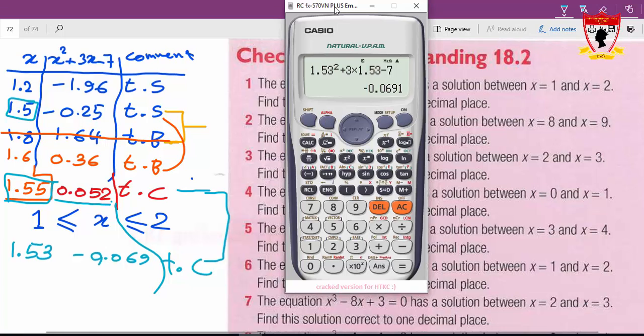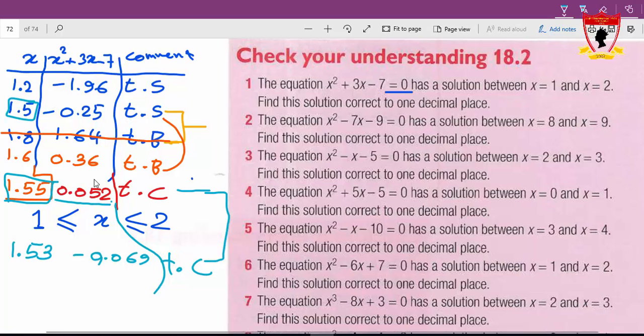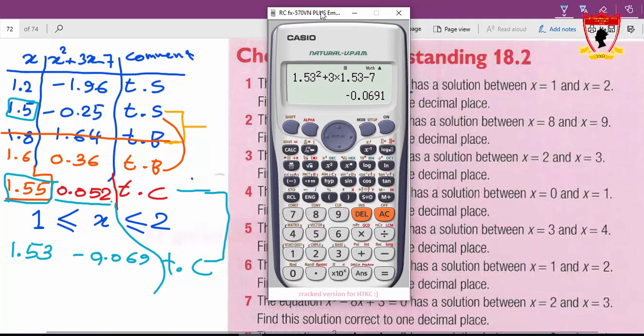Sometimes you can straight away use a calculator. If a calculator is allowed, then you can straight away get the solution, then do some steps similar to these to show that you follow trial and improvement while you know the correct answer. It just helps you to get the correct answer in a correct way.